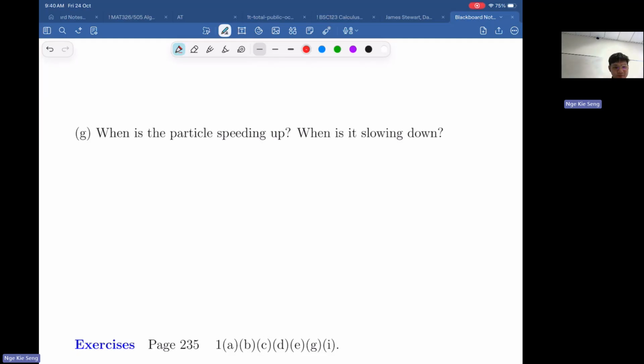So you say that it speeds up when acceleration is increasing, right? So is it right or not? Is this the only case or not?